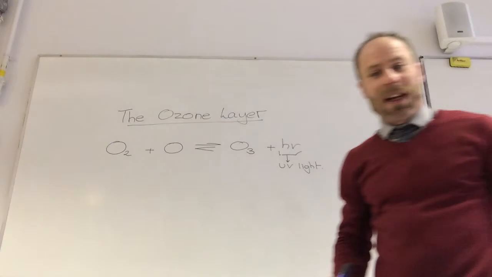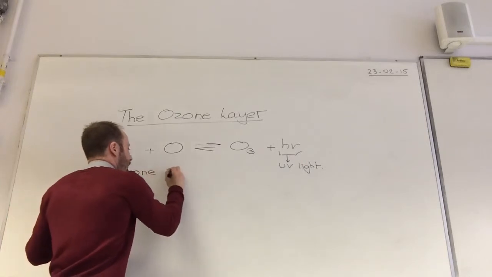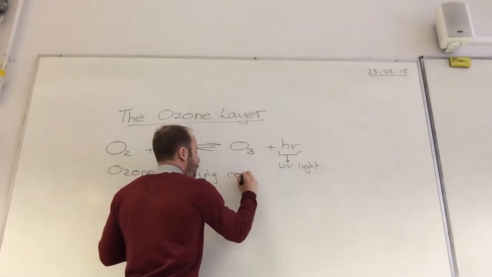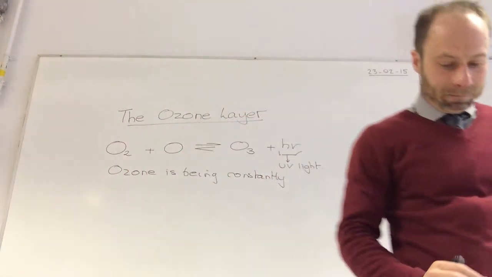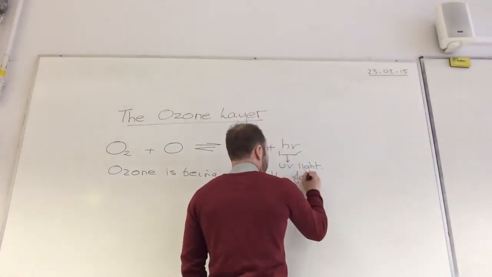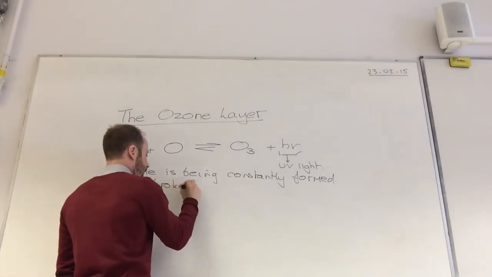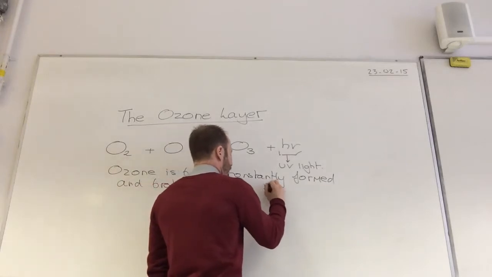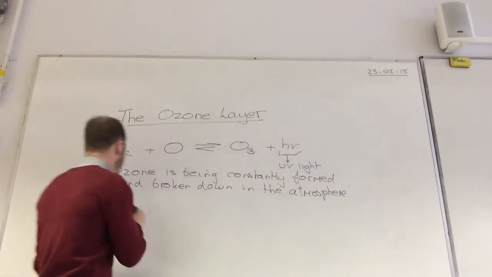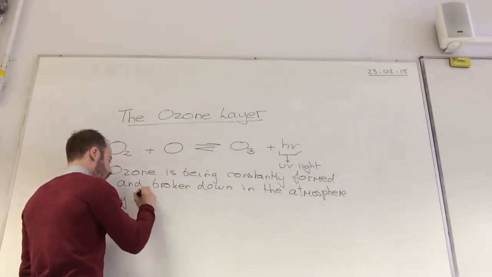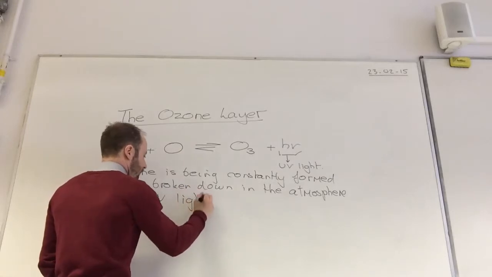Okay, so what we'll say is ozone is being constantly formed and broken down in the atmosphere by UV light.